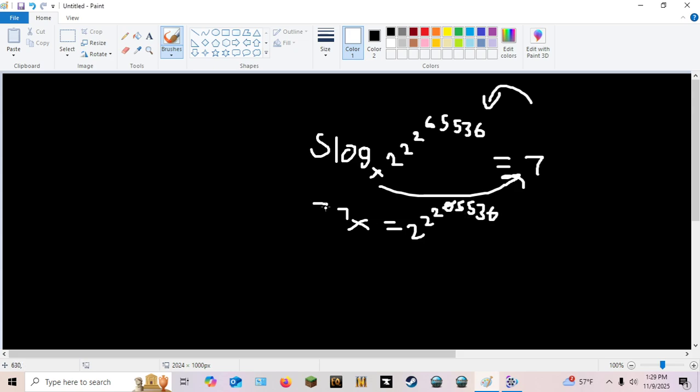I have to take the super seventh root of both sides to get x by itself. Now, those sevens will cancel. x is equal to, let's try 2. If it equals 2 raised to 2 raised to 2 raised to 65,536, then that means x equals 2 is correct.